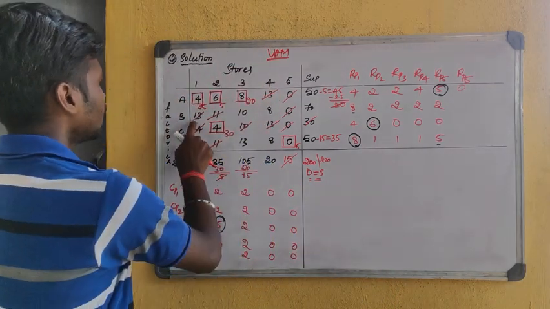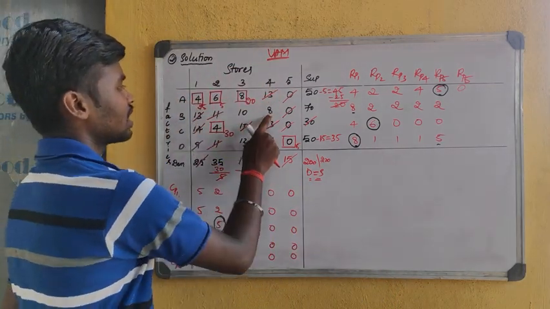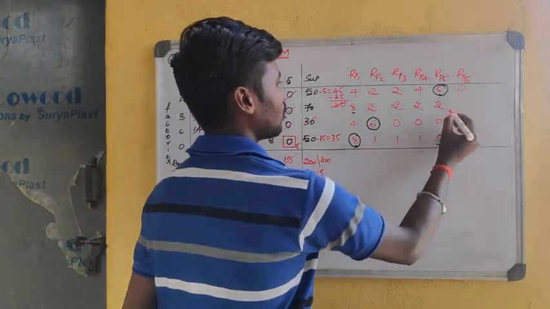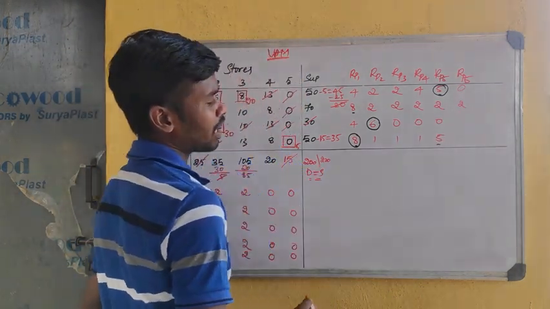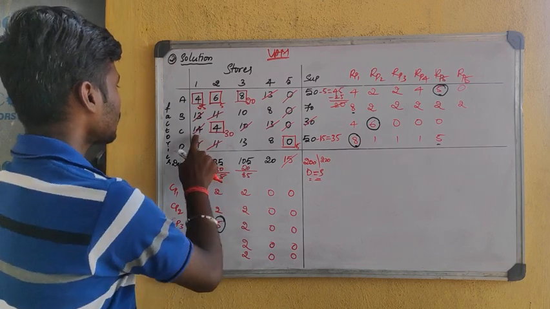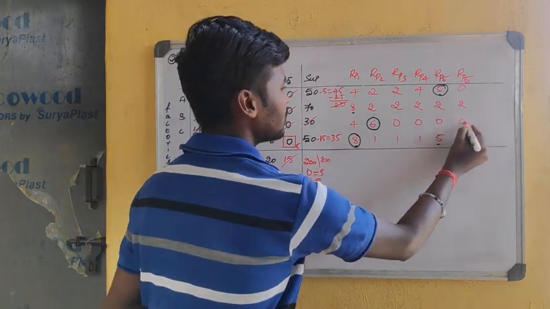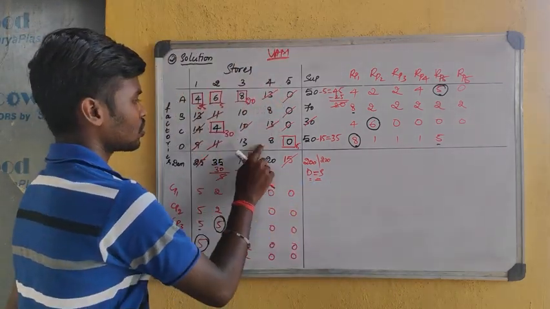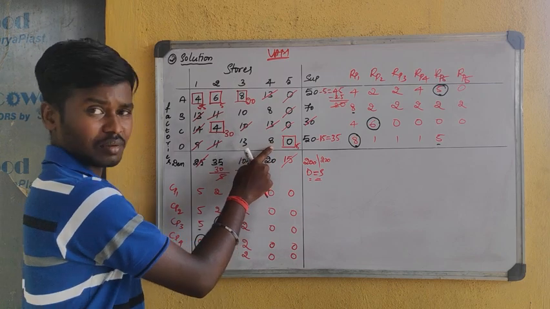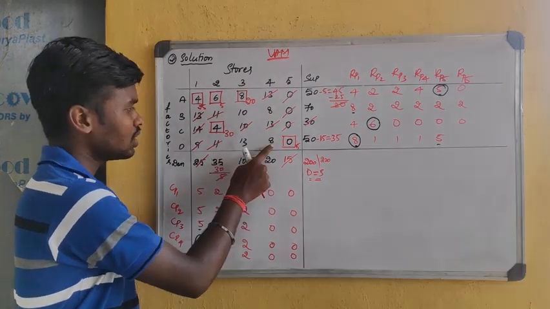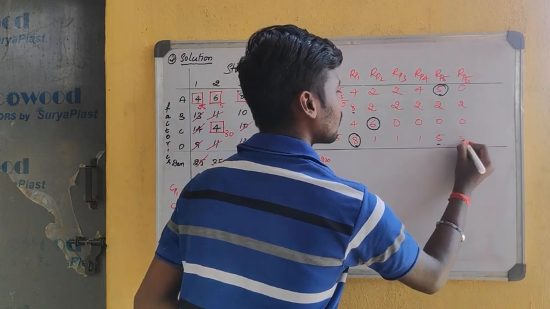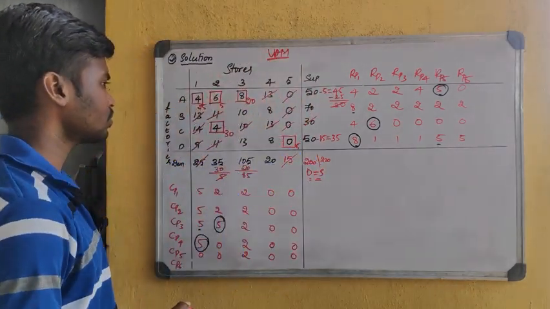And in second row first least is 8 and second least 10, so your penalty will be 2 for row penalty 6. Next in third row your penalty is 0. In last row 8 is the first least number and 13 is the second least number, hence your penalty will be 5.